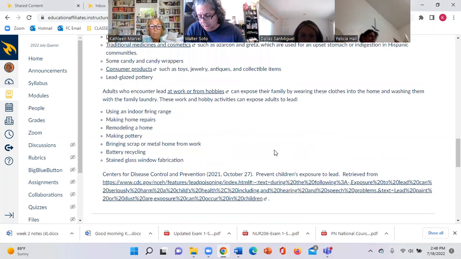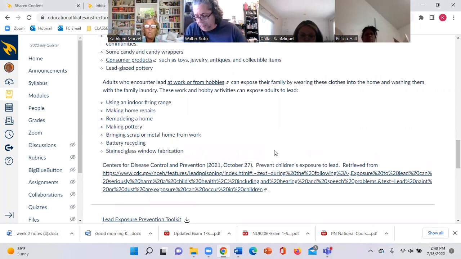And then adults. It's just not children. I mean, children are much more susceptible, but adults who encounter lead at work or from hobbies can expose their family by wearing these clothes into their home and washing them with the family laundry.